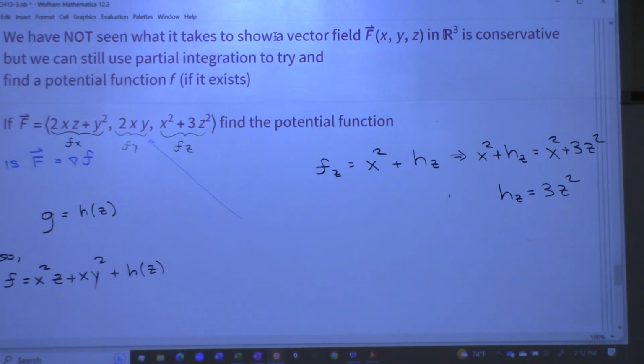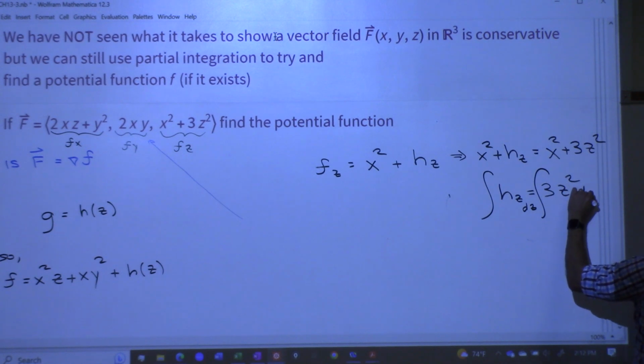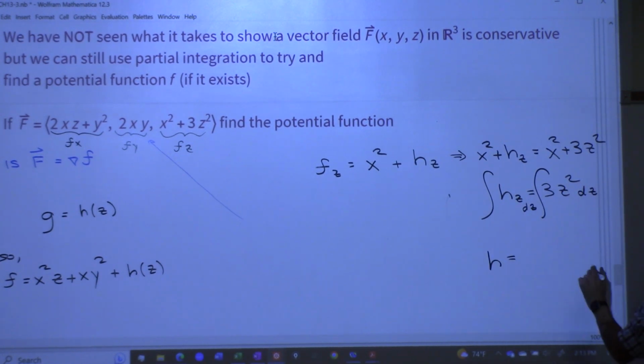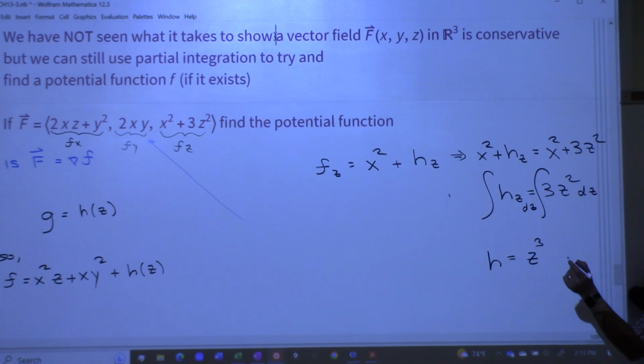What next? Integrate that with respect to z. So h, which is what I was looking for, is just z cubed plus a constant. Now I can say that.